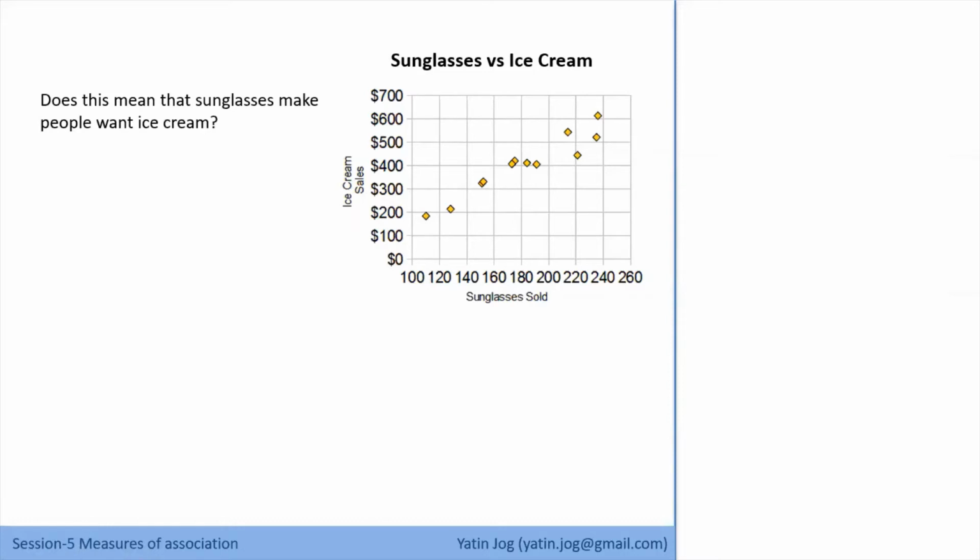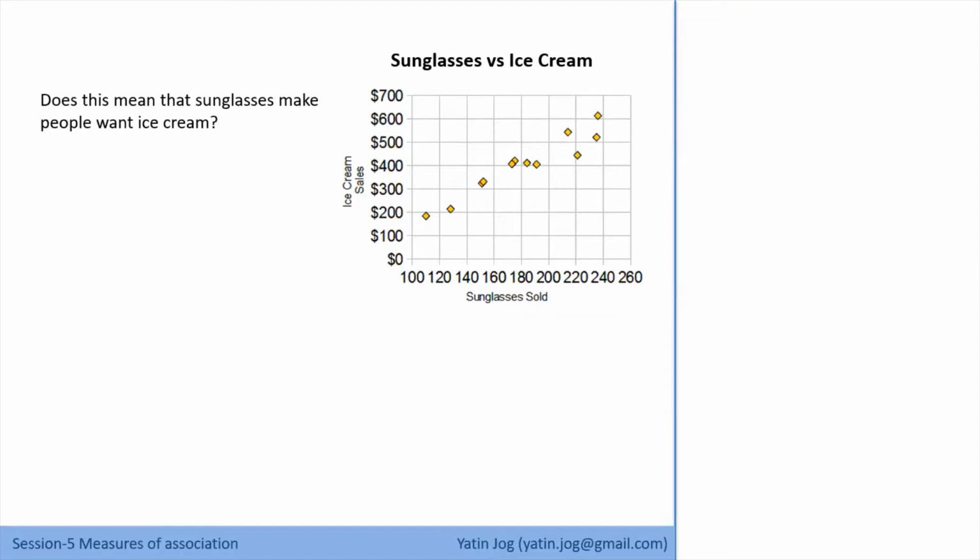Just because I have two sets of numbers, one set with the heading ice cream sales and the second set with the heading sunglasses sale, I cannot just create a relationship between these two variables. There is no logical relationship between them. Now there can be an external factor creating this kind of relationship between ice cream sales and sunglasses sales.